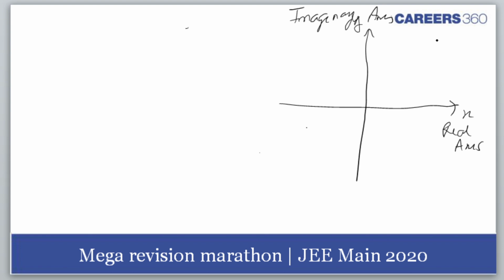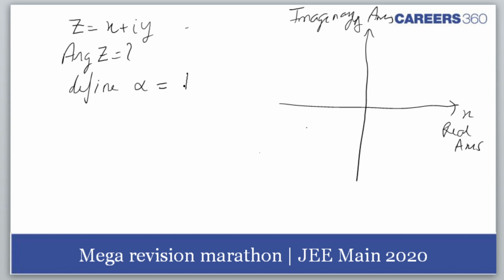Now, what do we have? Let's say we'll define that z is x plus iota y. Okay, I am interested in finding out the argument of z. Okay, so for that purpose, what I'll do, I'll define an angle alpha. Define alpha as tan inverse mod of y by x.